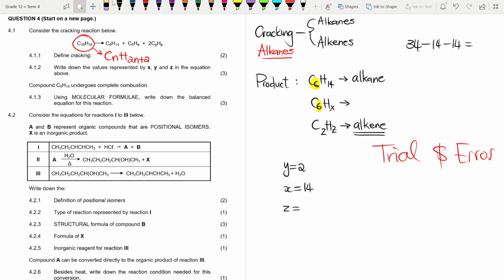Since my H is 20 and H has to be X and Z, I tried to divide the 20. I said 2 times 5 is 10.